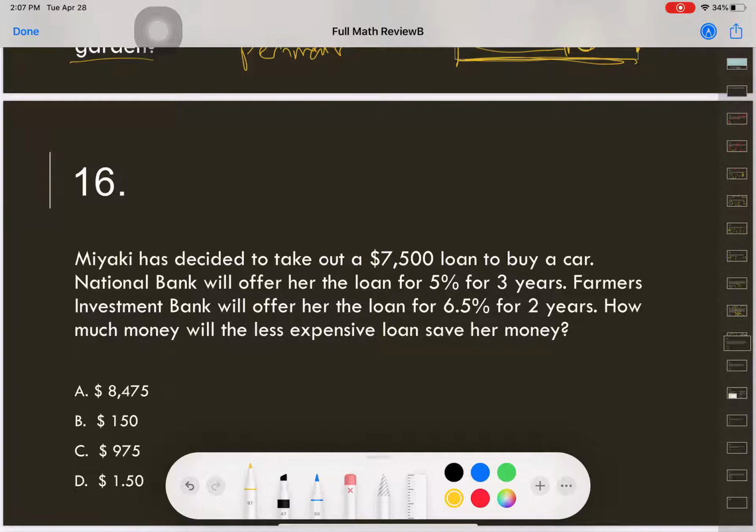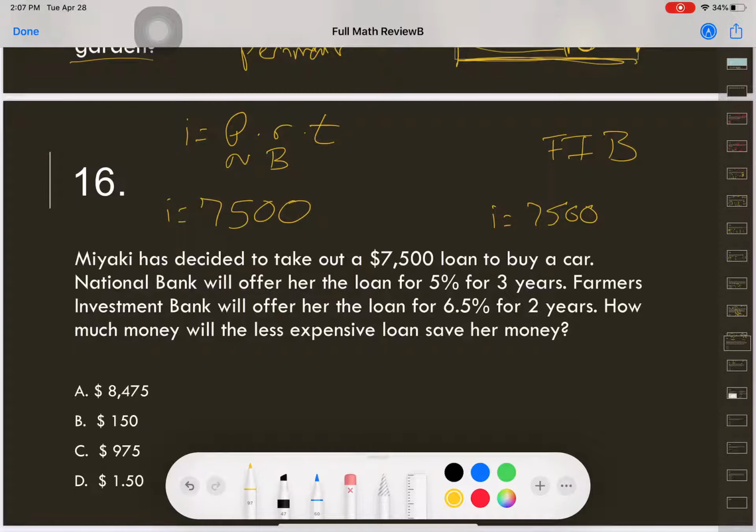So our formula is interest equals principal times rate times time. So we're going to look at National, and we're going to look at Farmers Investment Bank. So interest is what we're looking at. So the principal for both is going to be $7,500 times the rate.